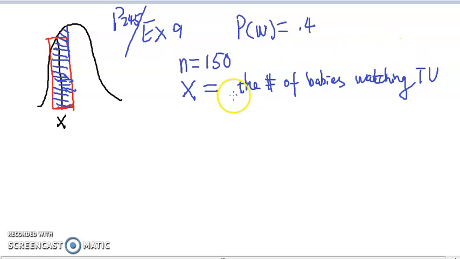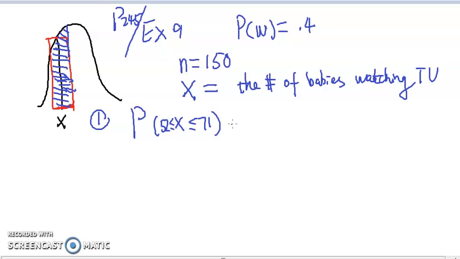Now, the first question is, we want to find out the probability that x is between 52 and 71, both inclusive, which means x is greater than or equal to 52 and less than or equal to 71. And we know this is a binomial distribution because every baby either watches TV regularly or not.